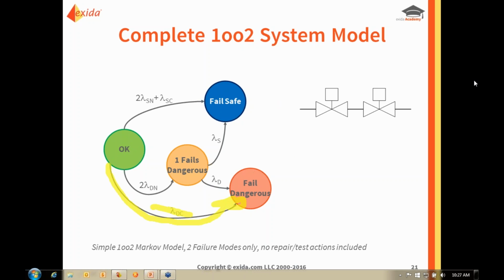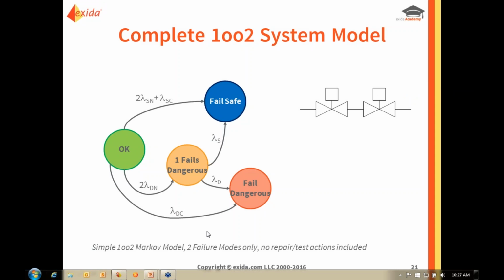So 1 out of 2 is intended to increase safety, reduce probability of failure on demand, typically at the cost of increasing spurious failures. We'll see a direct transition to the fail dangerous state from the OK state due to common cause.